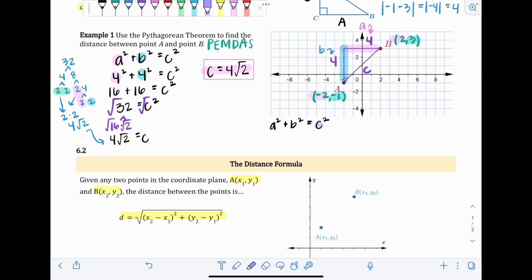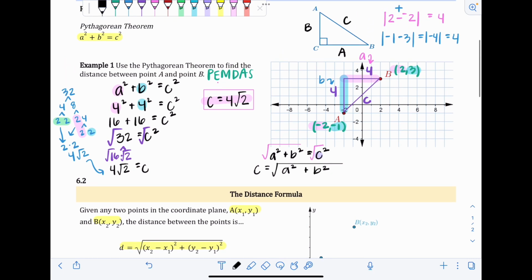So if I want to get c by itself, I have to square root both sides. And then I'll move the c to the front, so it'll be regular c, not c squared, equals the square root of a squared plus b squared.